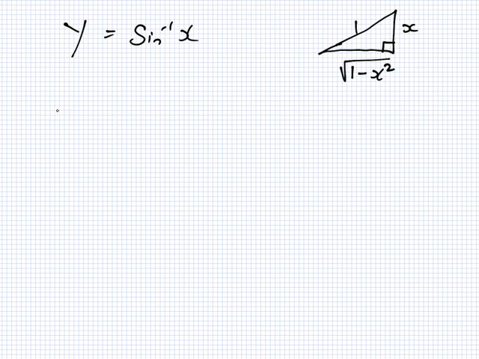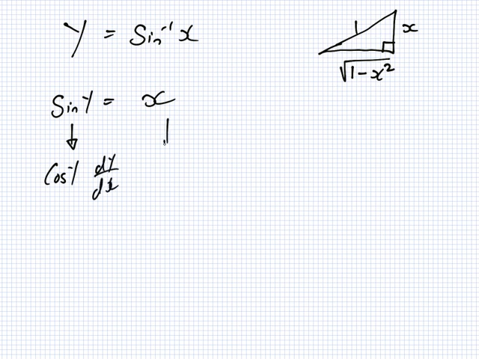Okay, I shall use implicit derivatives. So, before I do that, I'll just get the sine over. Now, the implicit derivative, this becomes cos y dy dx, and this becomes 1. So that means that dy dx equals 1 over cos y.